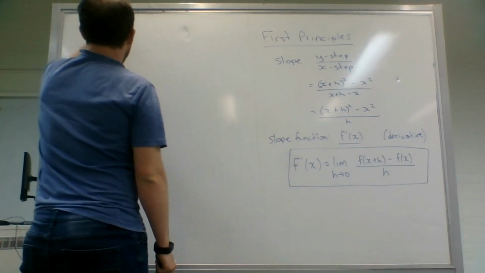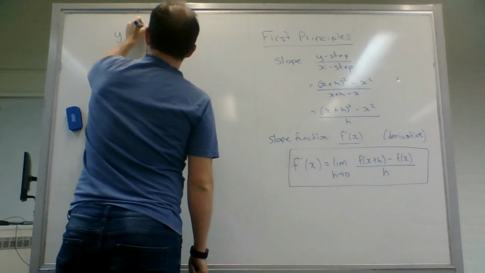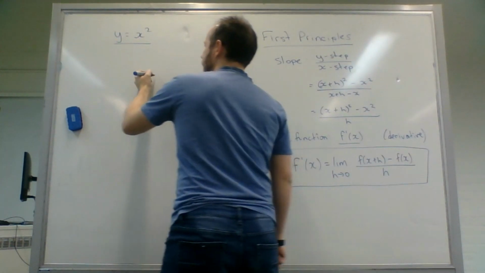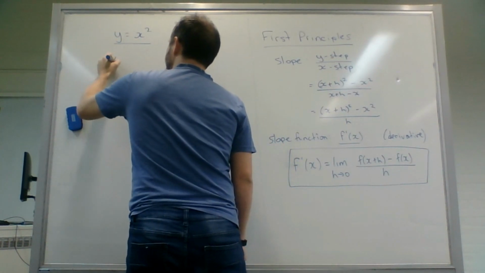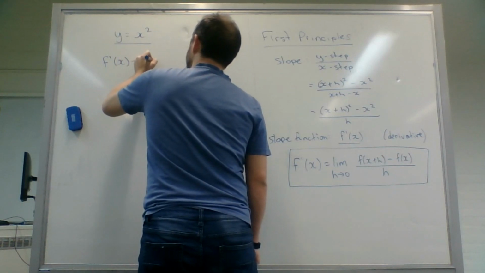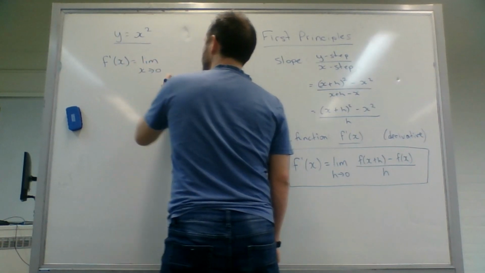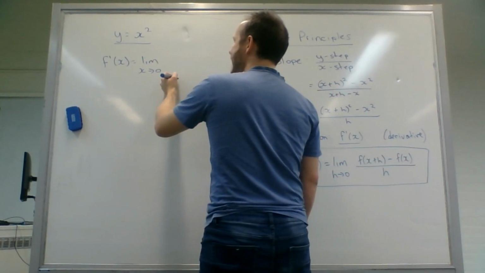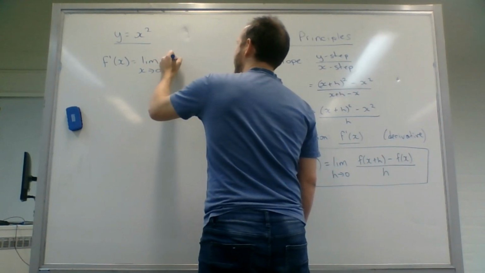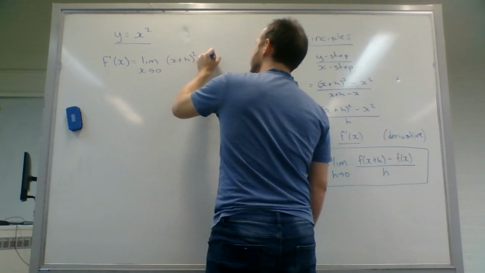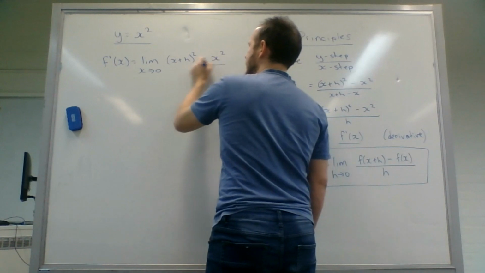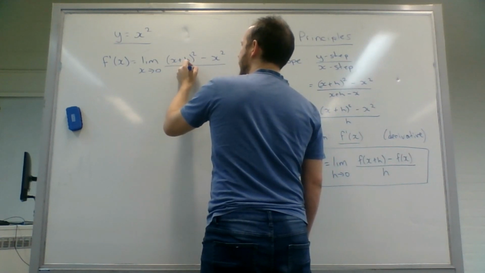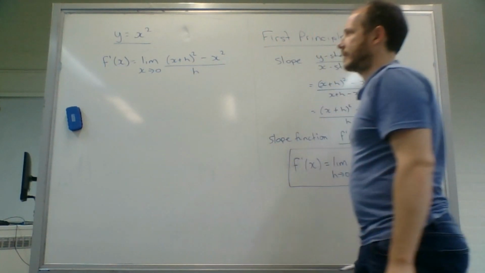If we've got the function y equals x squared, then our derivative function or our slope function will be the limit as h goes to 0 of f of x plus h, so that'll be x plus h squared, minus x squared, divided by h.